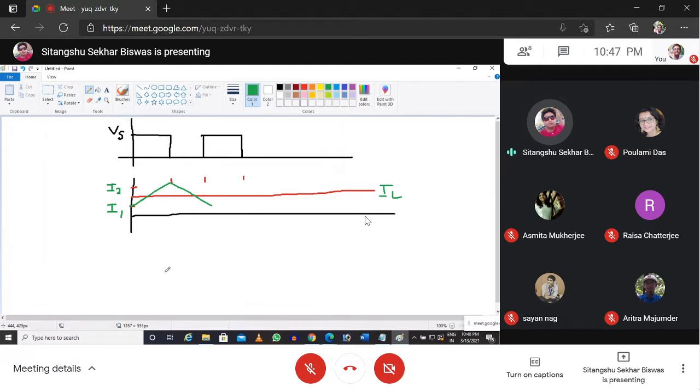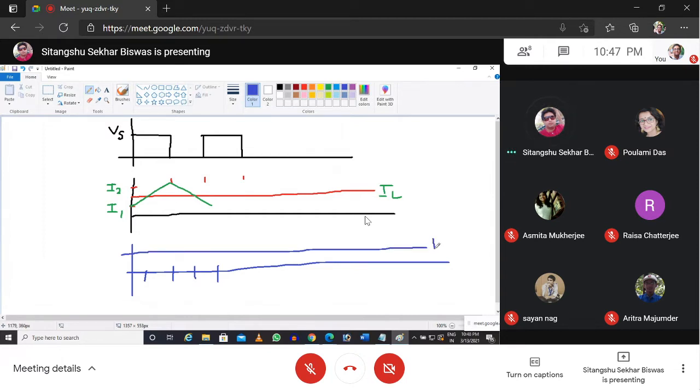Now for the capacitor, if you recall that circuit, what is happening? So this is your capacitor current.